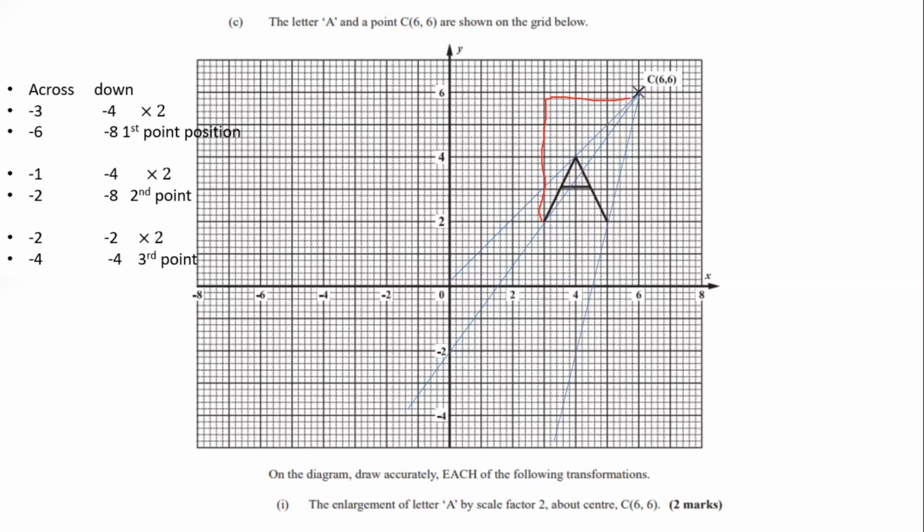For the first point, which is -6, -8, it will be 6 across and 8 down. So it is 1, 2, 3, 4, 5, 6, and then 1, 2, 3, 4, 5, 6, 7, 8.